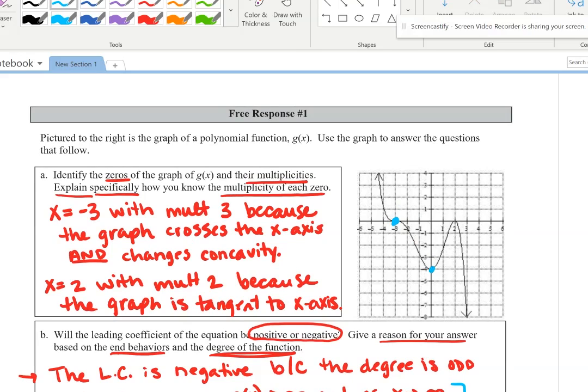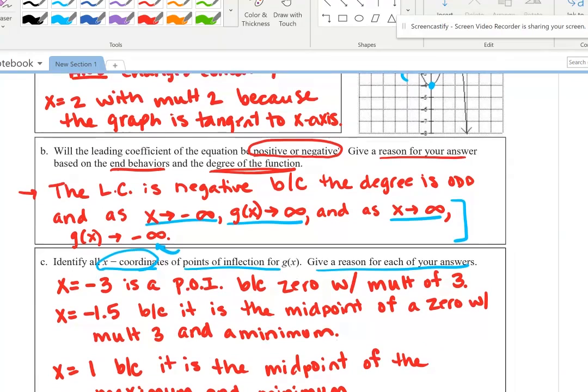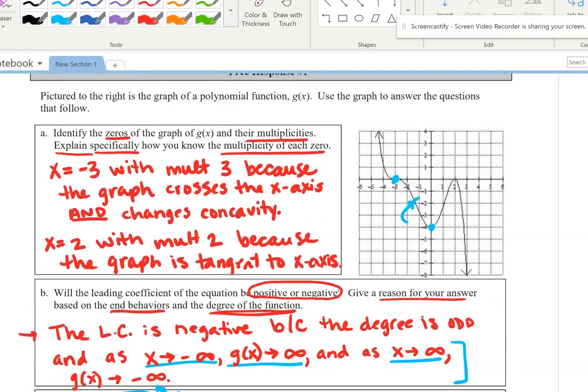The next one is going to be, according to the conditions, if you have a 0 with multiplicity of 3 and either a max or a min immediately following that, the approximate point of inflection is going to be based on the midpoint. So -1.5, because it's the midpoint of a 0 with a multiplicity of 3 and a minimum, and again, only the x coordinate.